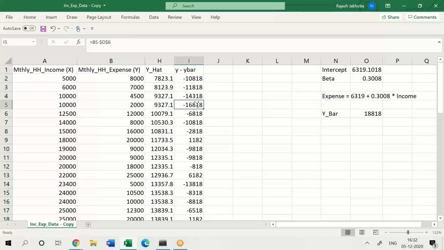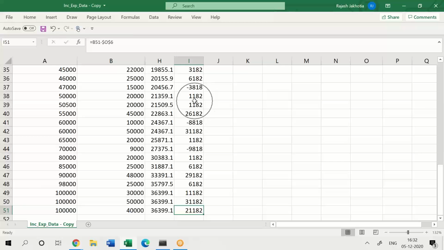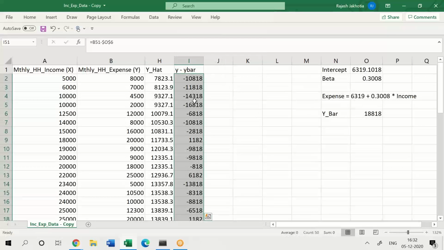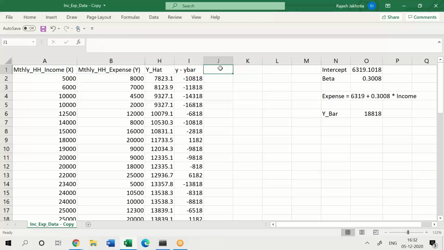Somewhere it would be negative and somewhere positive. The sum total of this will be 0, because any difference taken with respect to the mean has to sum to 0. So this is my error. Because of the information, we are able to make a more accurate estimation.